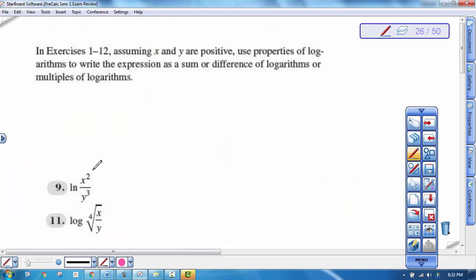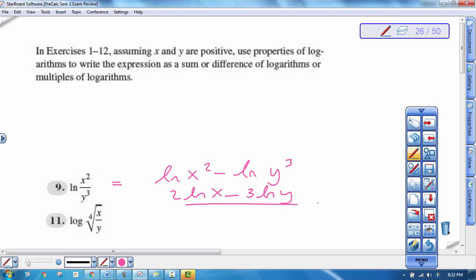Okay, we can use our log properties to rewrite these. This would be natural log of x squared minus natural log of y squared. The log of a quotient is equal to the difference of two logs, and I can even bring these exponents down, so I have 2 natural log of x minus 3 natural log of y. And that way it's written as a sum or difference of logarithms.